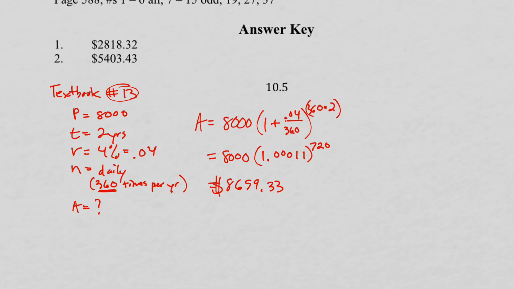Okay, now versus no rounding. So we're going to type all this into the calculator. So 8,000 parentheses 1 plus 0.04 divided by 360 close parentheses, raise it to the parentheses. Well, we know that's 720, so I'm just going to put 720.